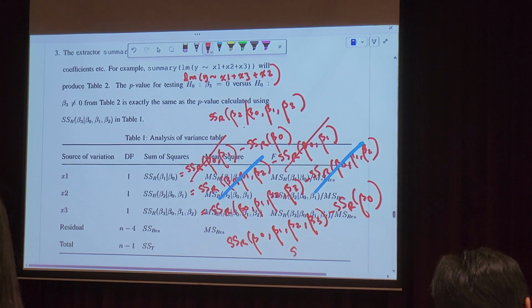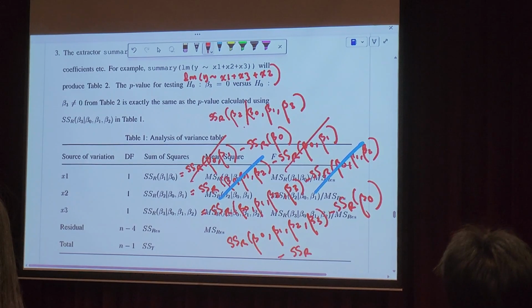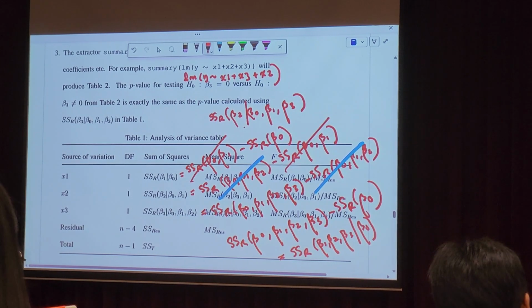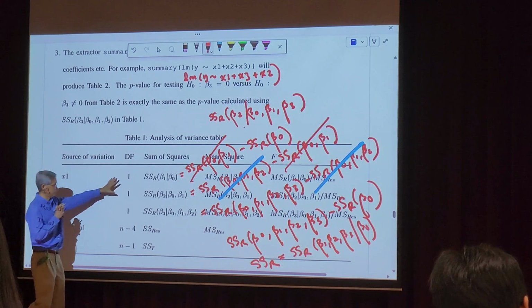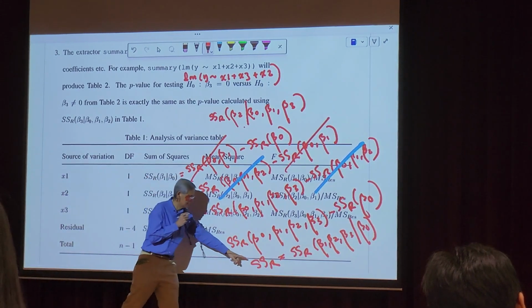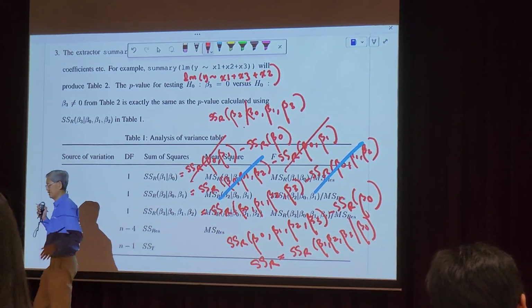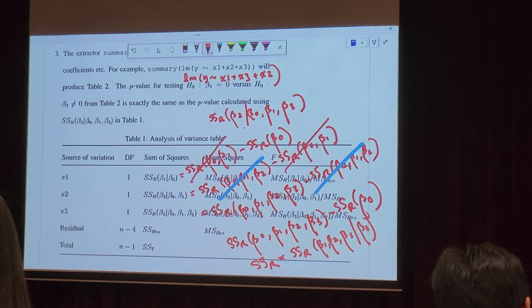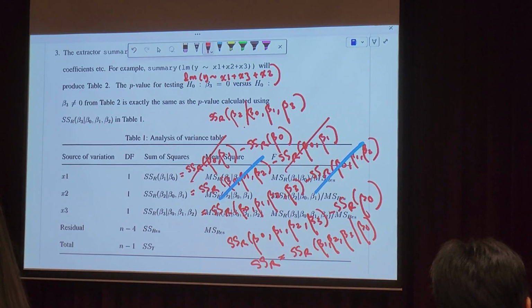Or you will get SSR of beta 1, beta 2, beta 3 given beta naught. So this is called SSR. If you add them up, you get SSR for testing the three parameters. Alright? So that's what it is.